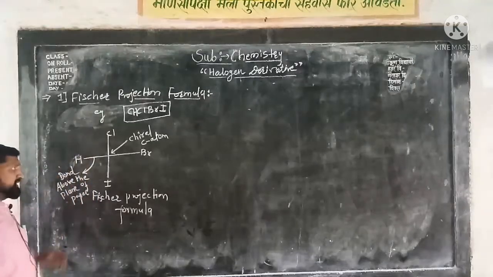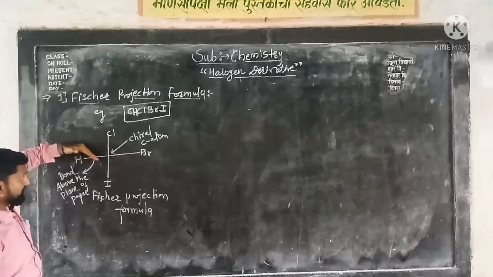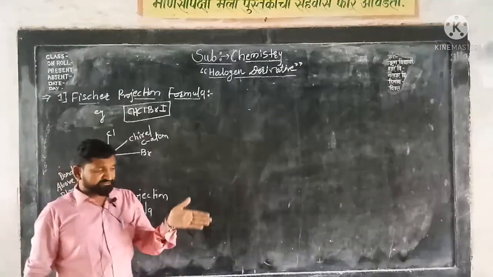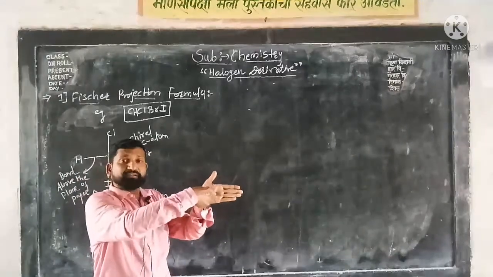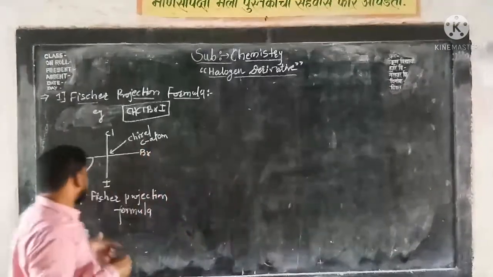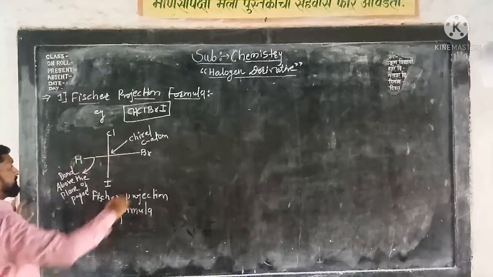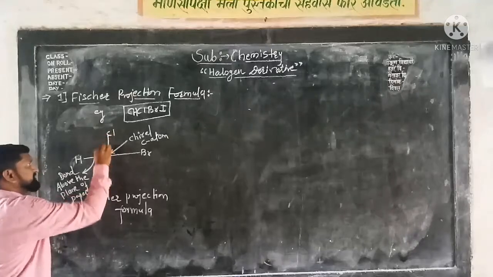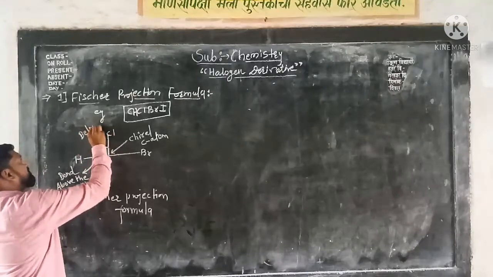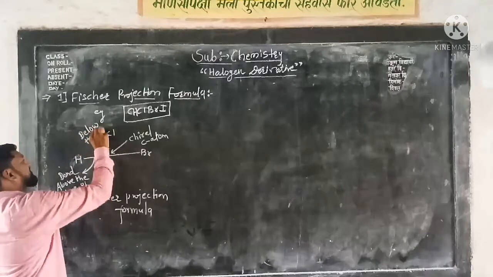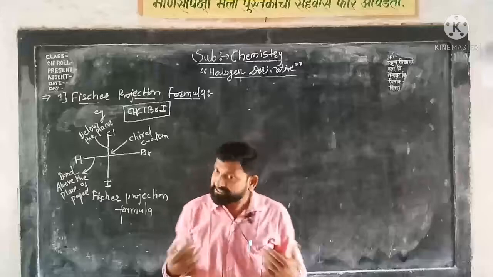So how is this bond? This bond is above the plane of the paper. For example, if this is the plane, then this is above the plane of the paper. That type of thinking is the horizontal way. Now this bond is generally below the plane. In this way we have to imagine; the matter is imagination only.